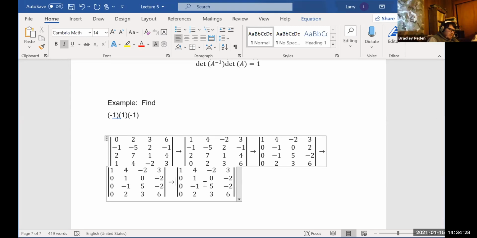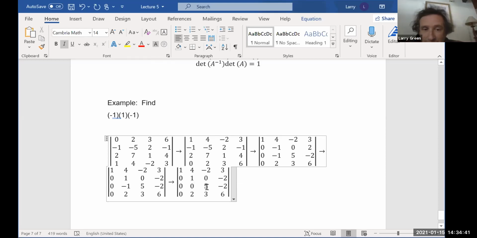Multiply row 2 by 1, add it to row 3. Exactly. So I'm going to do that. You get a 0 for that -1. The 5 stays a 5. And the -2 becomes a -4, right? Any questions on that?